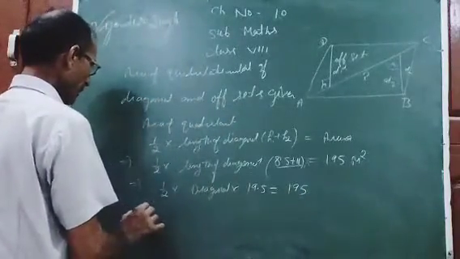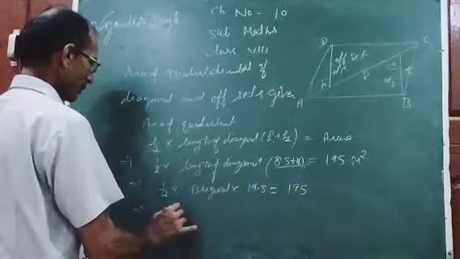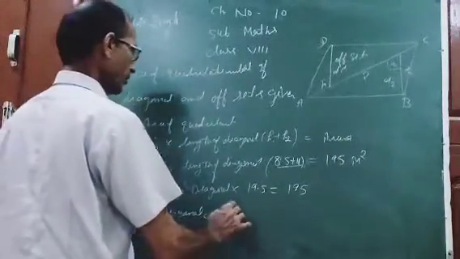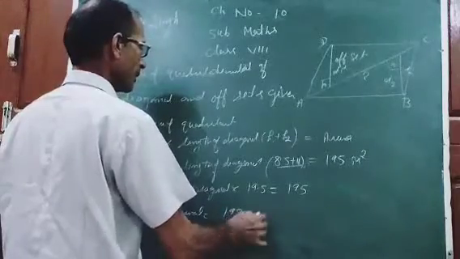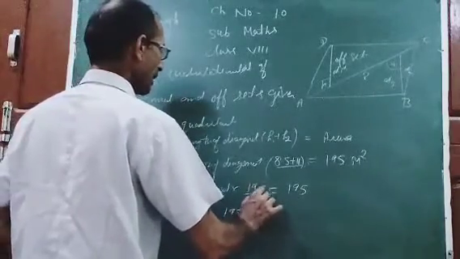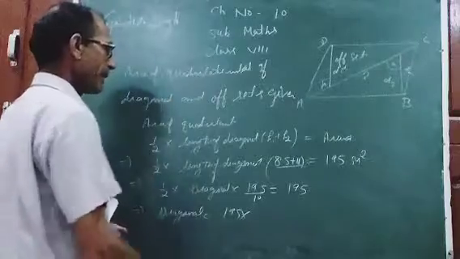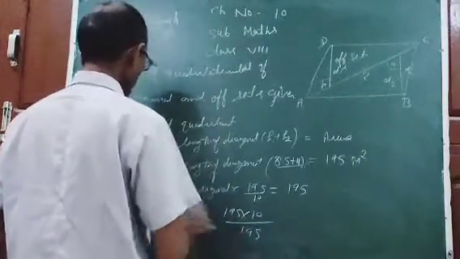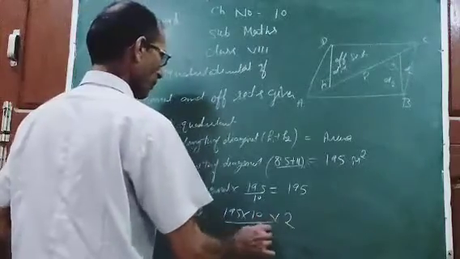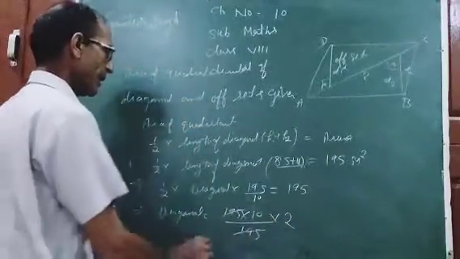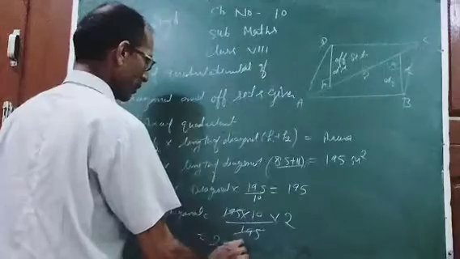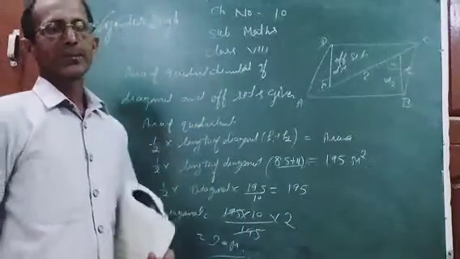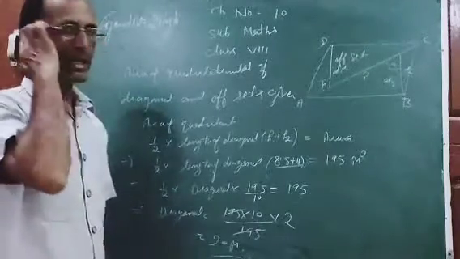So diagonal will be equal to 195. Remove this decimal: 195 by 10, so it will be 10 by 195. So this 2 will be there. So 195 cancels 195. So 20 meter. This is the length of the diagonal. Have you understood?